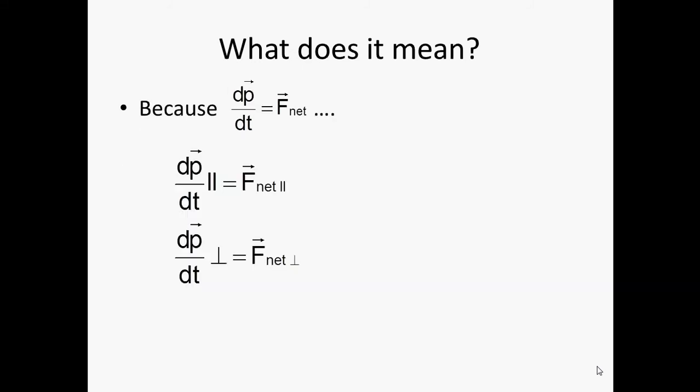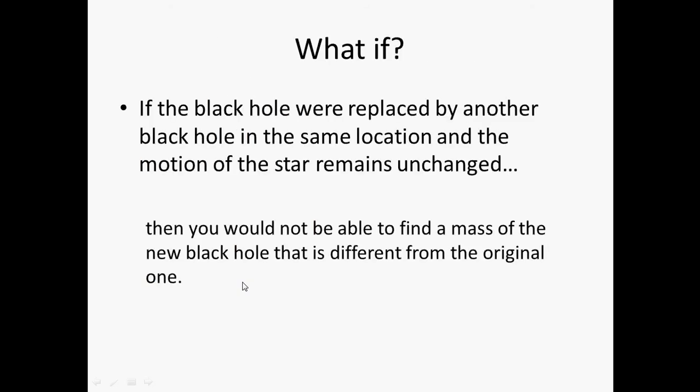So based on that information, we know that the parallel dp/dt is equal to the parallel net force, and the perpendicular dp/dt is equal to the perpendicular net force. And as before, both the parallel and perpendicular dp/dt are based on concrete data and they're tangible, whereas the parallel and perpendicular net force are conceptual.